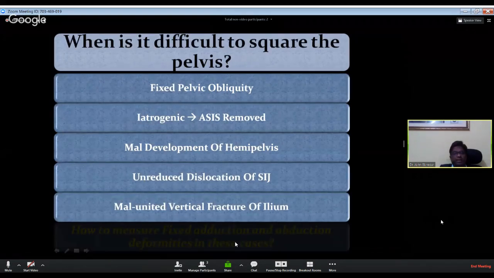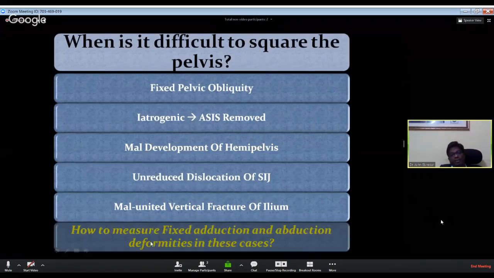In those situations, it is very difficult to square the pelvis. In such situations, how are you going to measure the fixed adduction and abduction deformity when you cannot square the pelvis? These are very important.